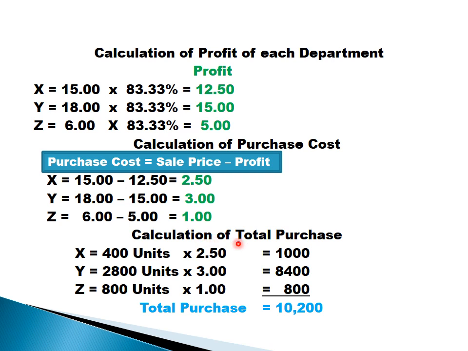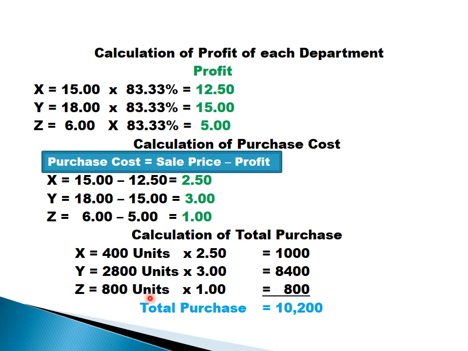Now calculate the total purchase cost. 400 units were purchased at 2 rupees 50 paise per unit. So the purchase cost of department X is 1000. Department Y have purchased 2800 units. Purchase cost as calculated above 3 rupees. So the total purchase cost of department Y is 8400.